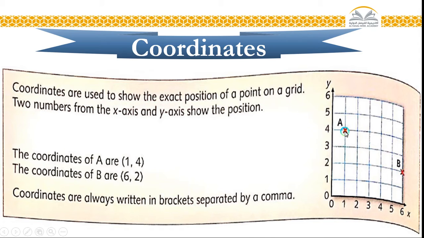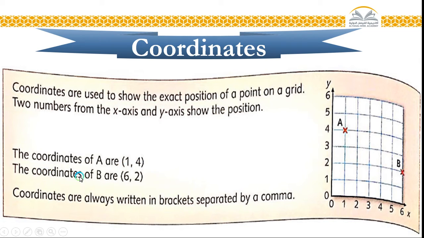I write this first, on the left side of the comma: 1. Then, going in the direction of the y-axis, I find the point 4, which I write in the second place.